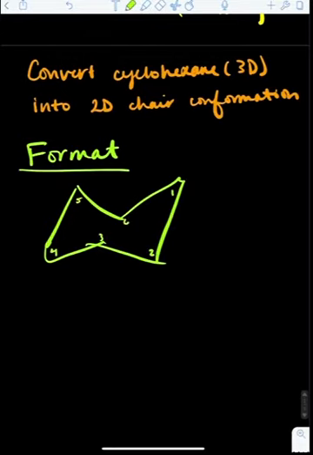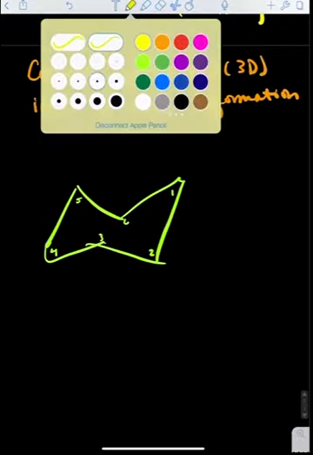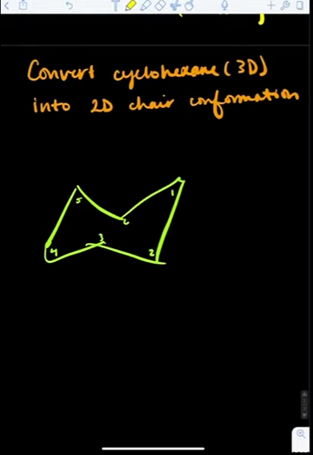So 1, 2, 3, 4, 5, and 6. Let me get rid of this so I can draw in the bonds. And then I'm also going to draw in, this will make sense later, these placeholder bonds that are coming off of each of these carbons. So on carbon number 1, it's going to look like that. Carbon 2, going to look like that, and so forth.